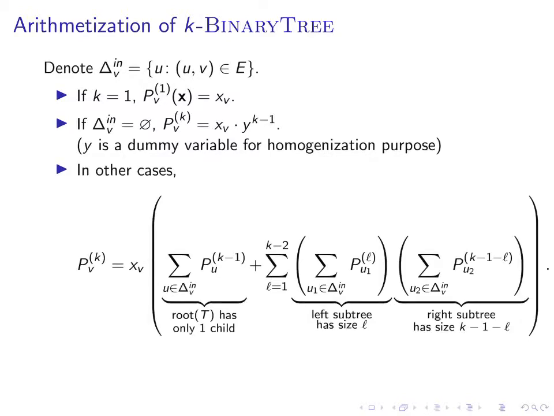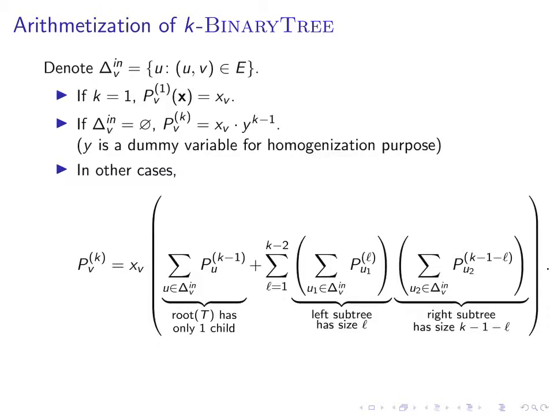In other cases, the polynomial P_k,v captures the multi-trees rooted at v of size k, so x_v must be included as the root. And there are two possible cases. First, the multi-tree rooted at v has only one child. And second, there may be two subtrees.